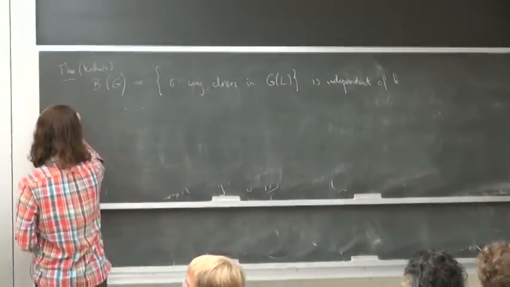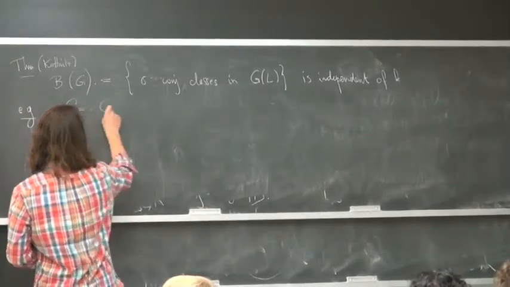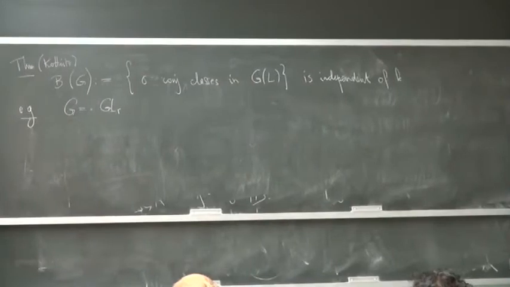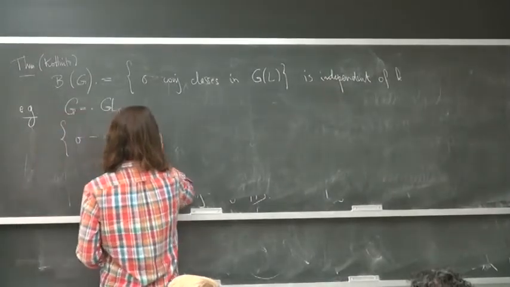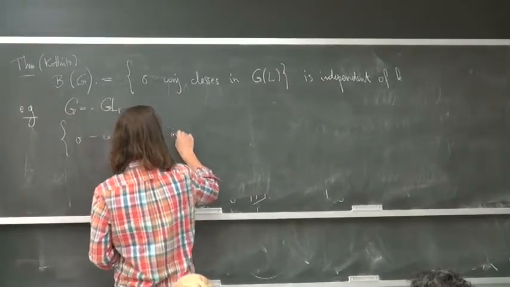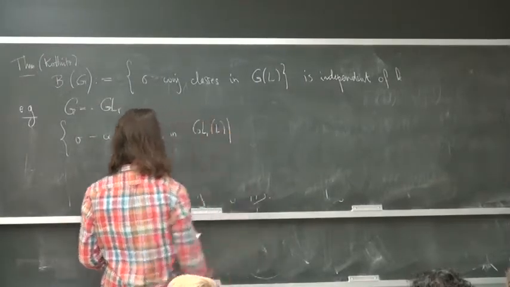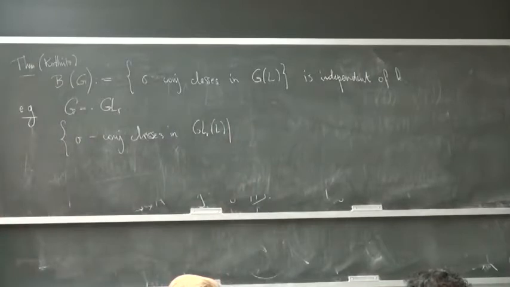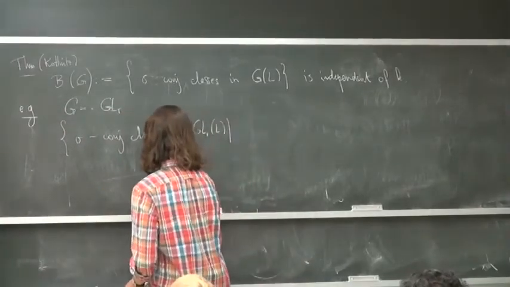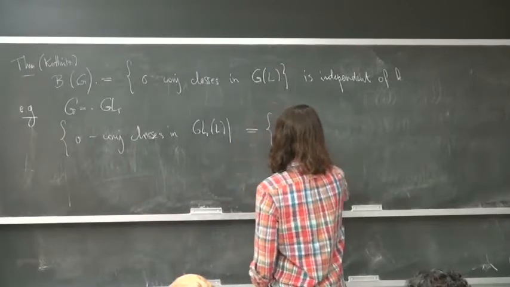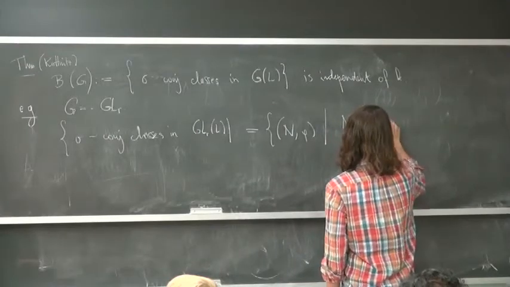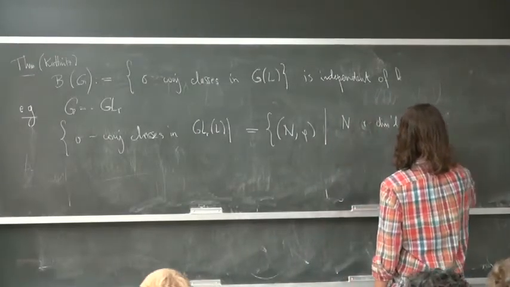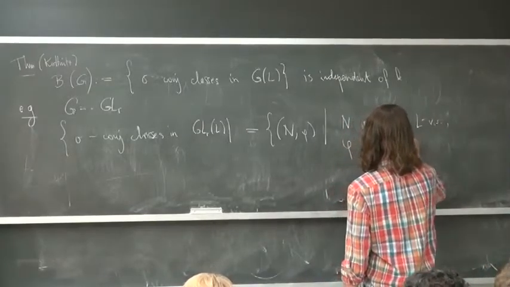Let's try to understand what happens here in the simplest case again. So if G is the general linear group of rank r, then one way to think about sigma-conjugacy classes in GL_r(L) is that this is the same thing as a rational Dieudonné module of dimension r, an r-dimensional L-vector space with phi a sigma-linear isomorphism.